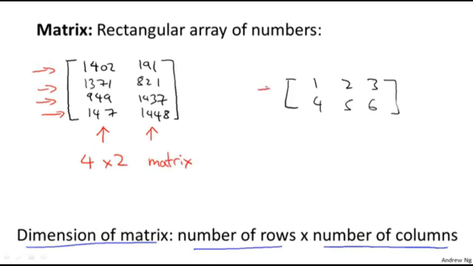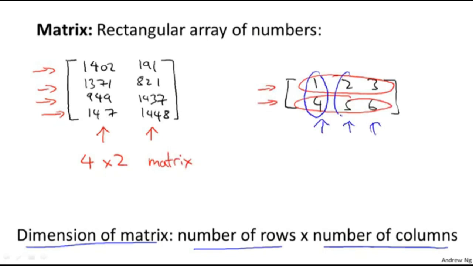This one on the right has 2 rows. That's the first row, that's the second row, and it has 3 columns, right? That's the first column, the second column, the third column. So this second matrix, we say it is a 2 by 3 matrix, or we say that the dimension of this matrix is 2 by 3. Sometimes you also see this written as R4 by 2.